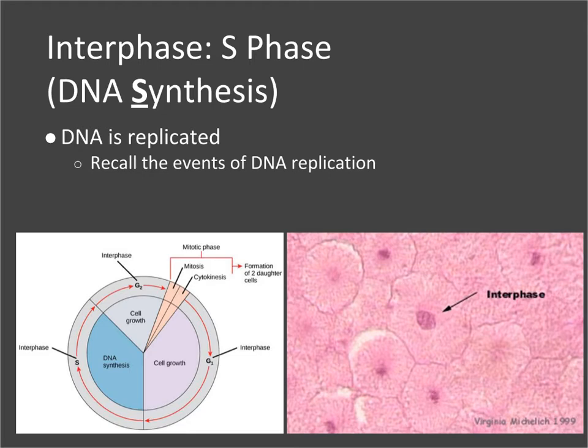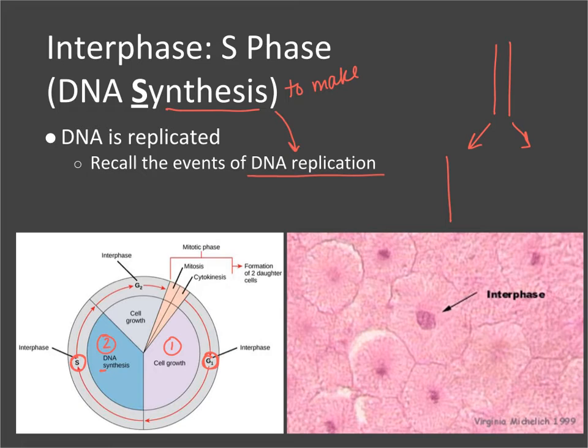The second phase of interphase is the S phase, which stands for DNA synthesis. So remember, the first phase was that G1 phase. Second phase is the S phase, and that S stands for synthesis. Remember that synthesis means to make something. And so this is also the same thing as saying DNA replication. So this is just the event in which you had a double strand of DNA that divides, and then each original strand gets a new strand of DNA added to it.